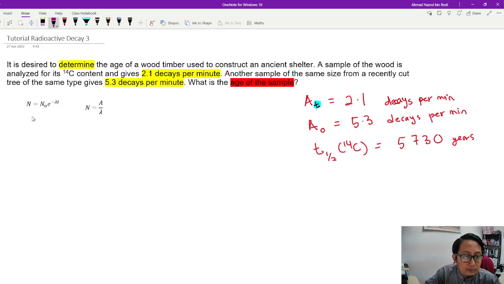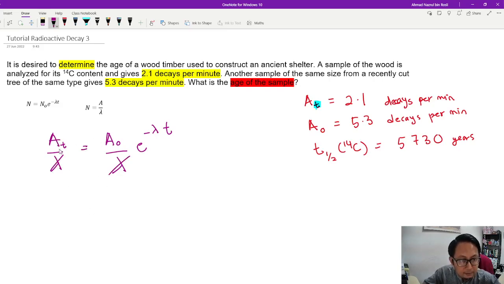So A t equals A naught over lambda exponential minus lambda t. Lambda cancels out, and we have A t equal to A naught exponential minus lambda t. We can bring A naught to the left: A t over A naught equals exponential minus lambda t.